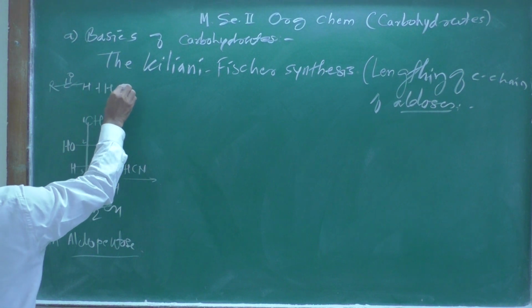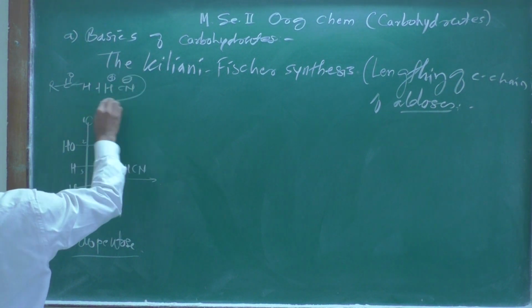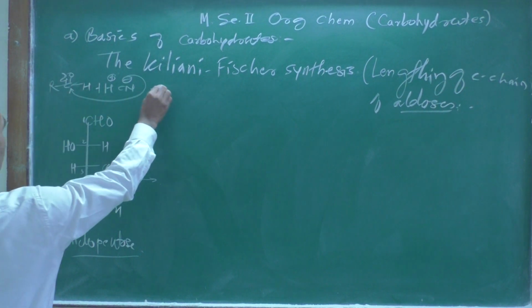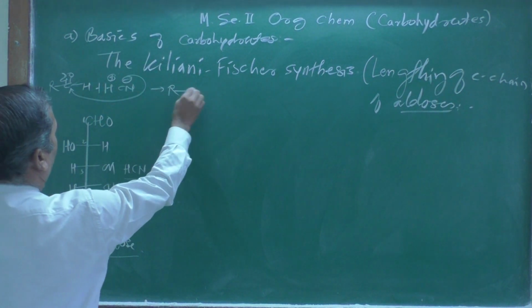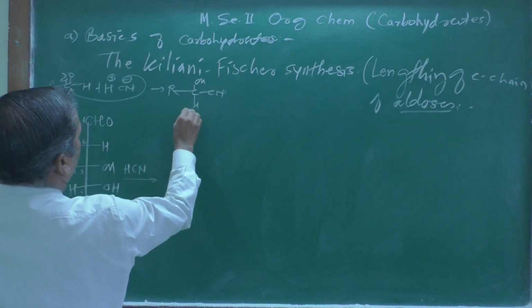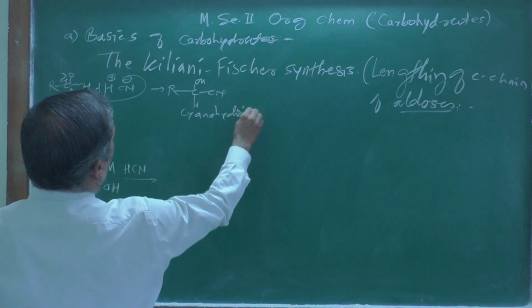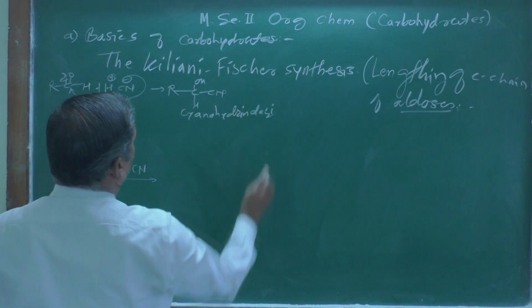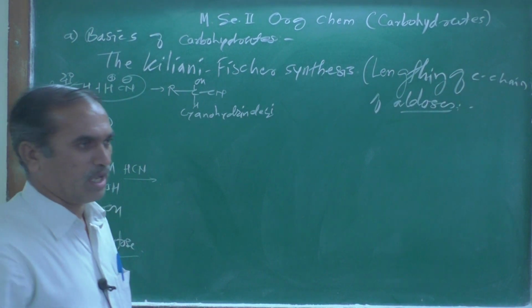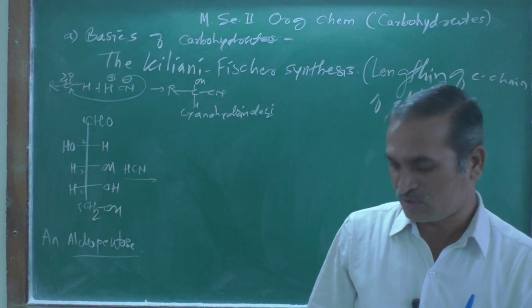If you treat it with hydrogen cyanide, the negative charge attacks there, and the resulting compound is R-CH(OH)CN, which is called a cyanohydrin derivative. This is a general reaction of aldehydes treated with hydrogen cyanide.